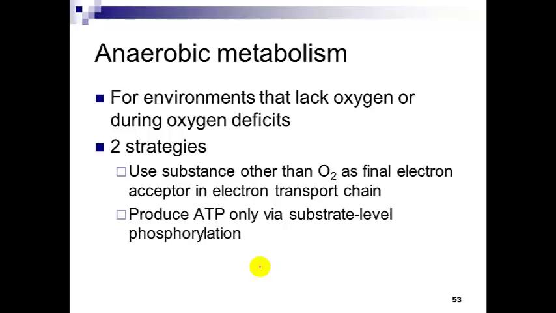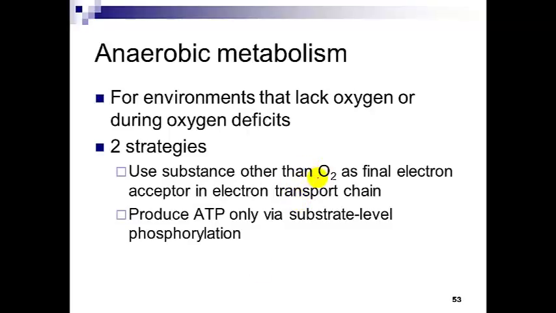For example, bacteria of the human gut often face periods where oxygen levels can be low. For these organisms, and for these cell types more importantly, they've devised strategies to withstand these sometimes transient oxygen-deficient environments, or in some cases permanent oxygen-free environments.